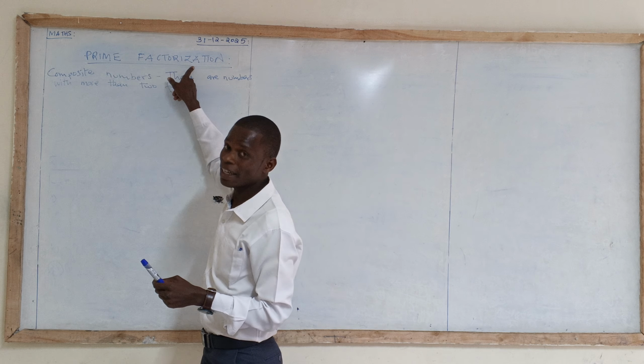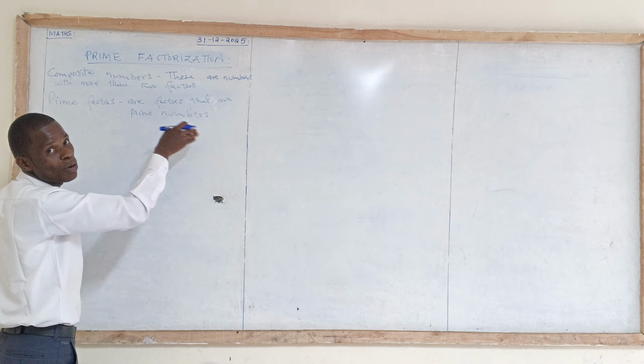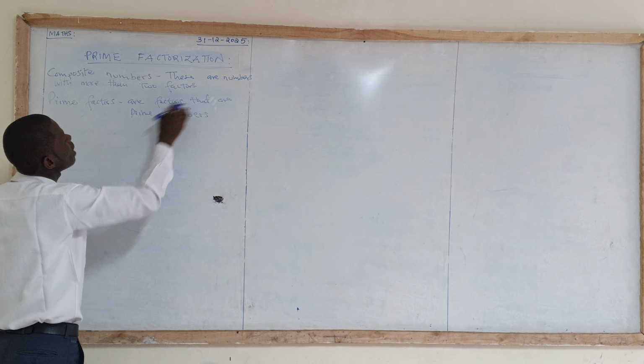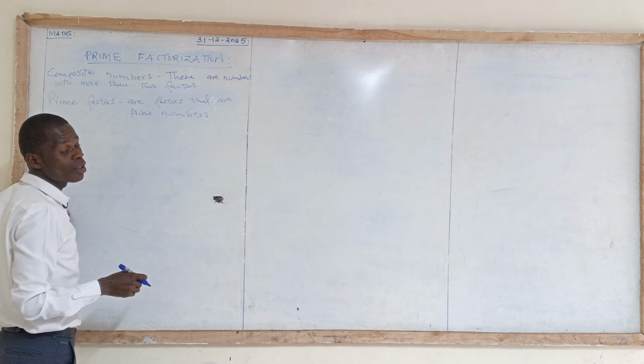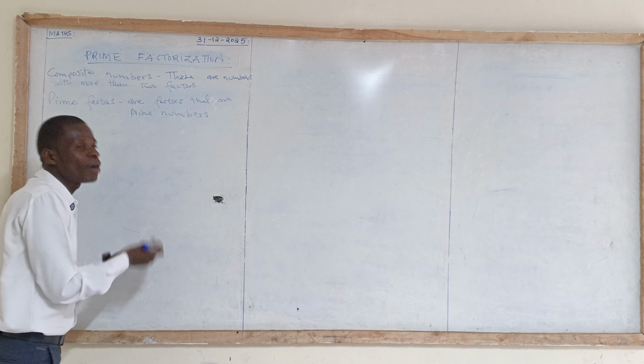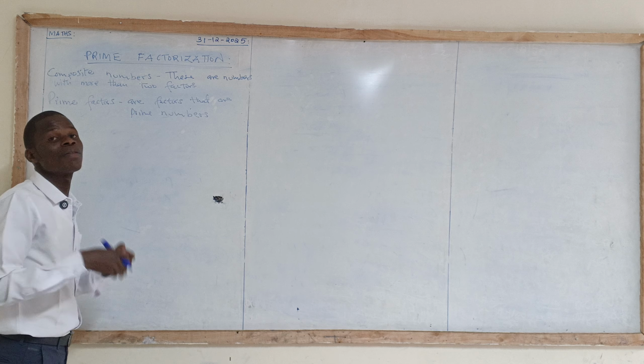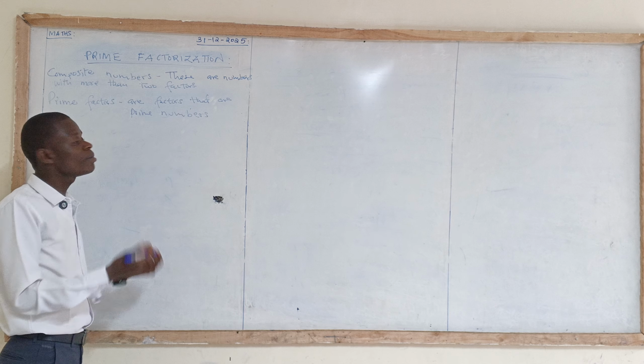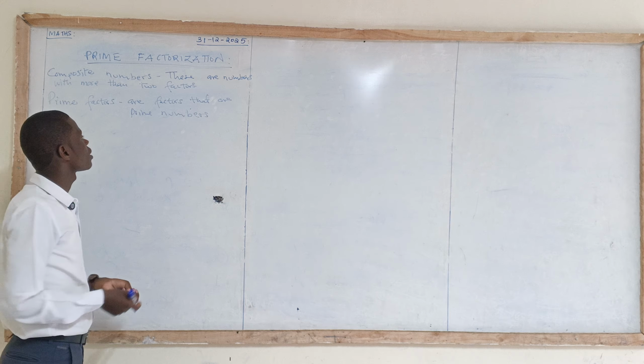English teachers, please let us know the exact word that we are supposed to be using here. Prime factors are factors that are prime numbers, or are prime numbers that are factors.